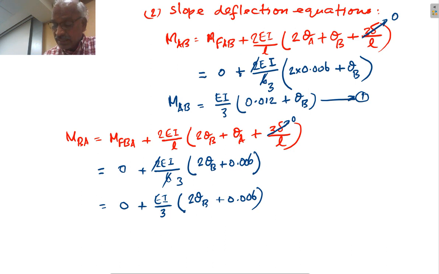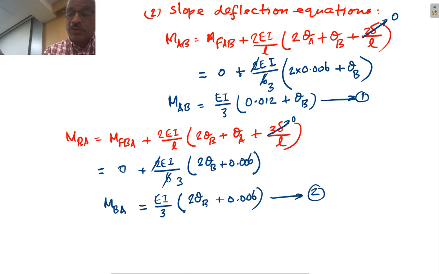Here the 0 can be cancelled, it is not necessary, because it is already 0, that need not be repeated. So MBA equals EI by 3 into 2 theta B plus 0.006. So this is equation number 2.